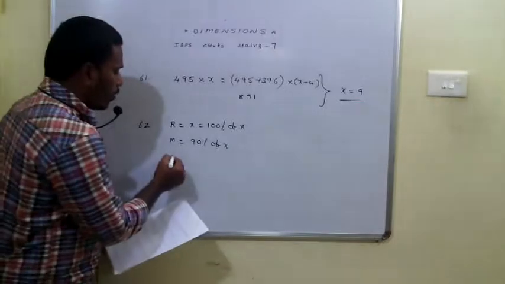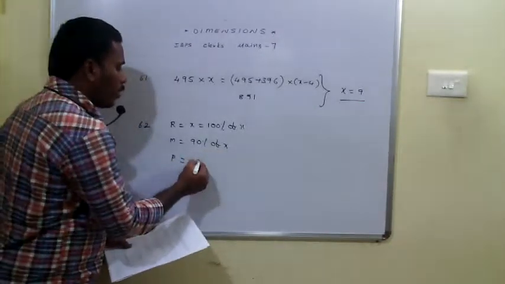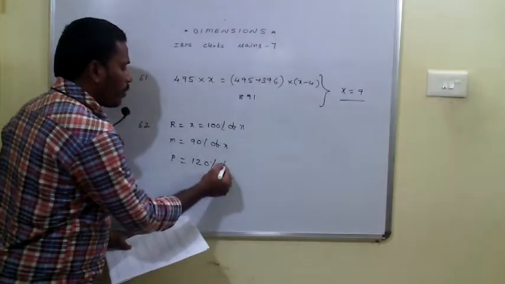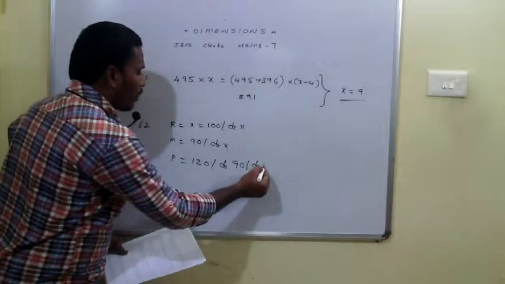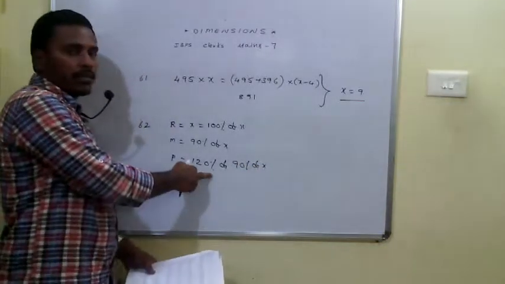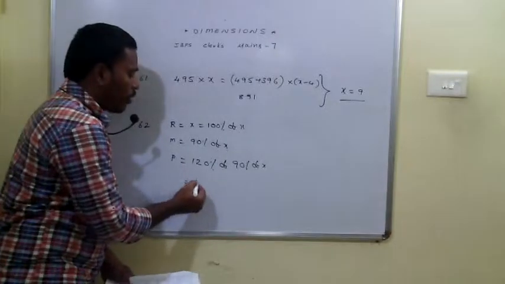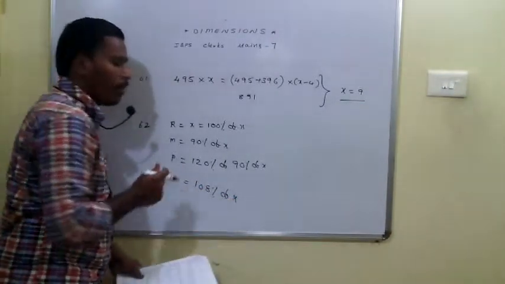Whereas coming to Pradeep, he invested 20% more than Mohit. So this value is raised by 20. The investment of Pradeep is 120% of 90% of x. Since it is 120% of 90% of x, we just remove the percentages and zeros. 12 into 9 is 108. So 108% of x is the investment of Pradeep.